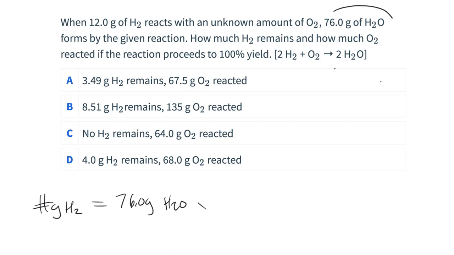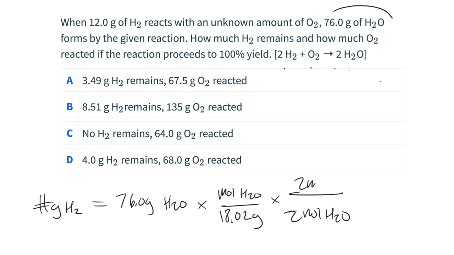So let's take the mass of water that had formed, and then let's think about grams per mole for water. So it's 18.02 grams per mole of water. We're given the reaction here. For every 2 moles of water, 2 moles of H2 had to have reacted to produce it. So just using our coefficients here.